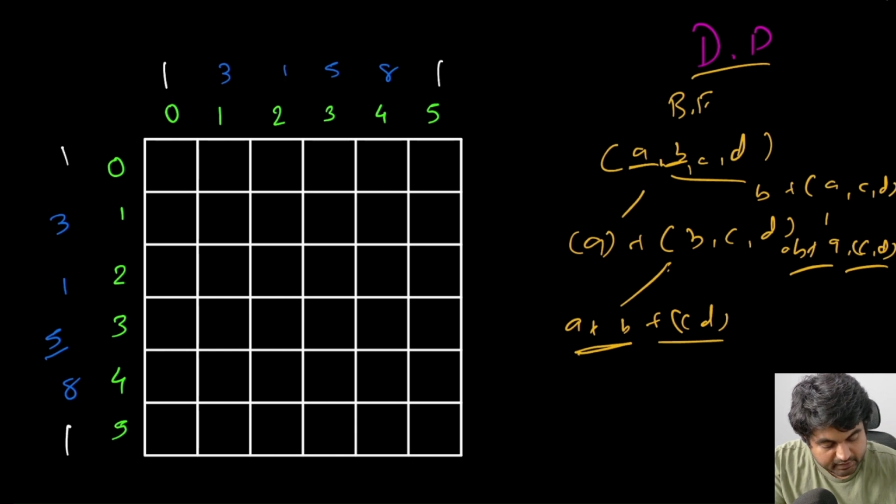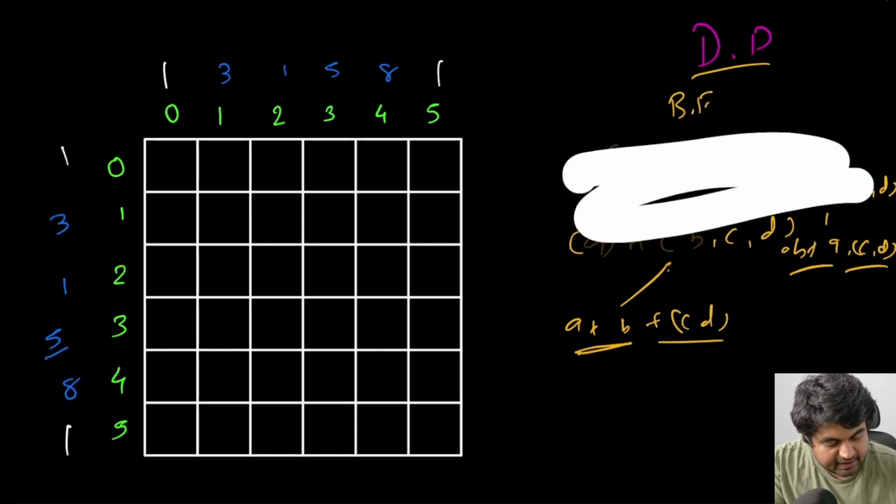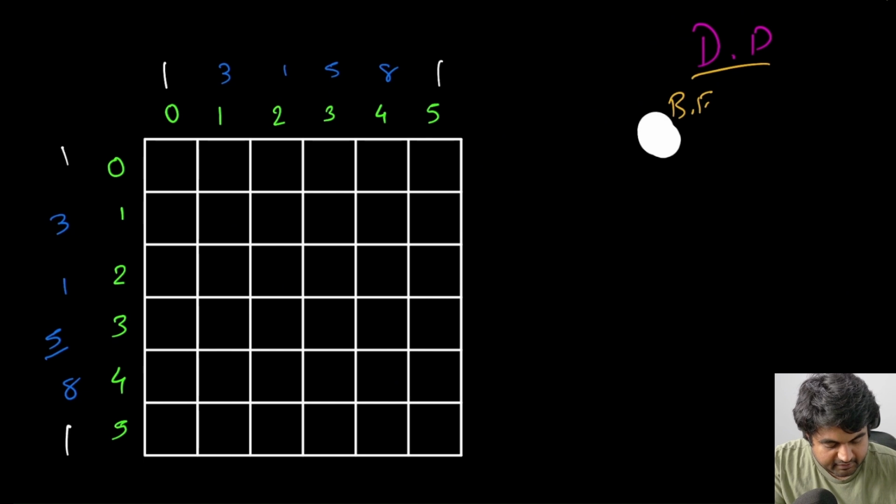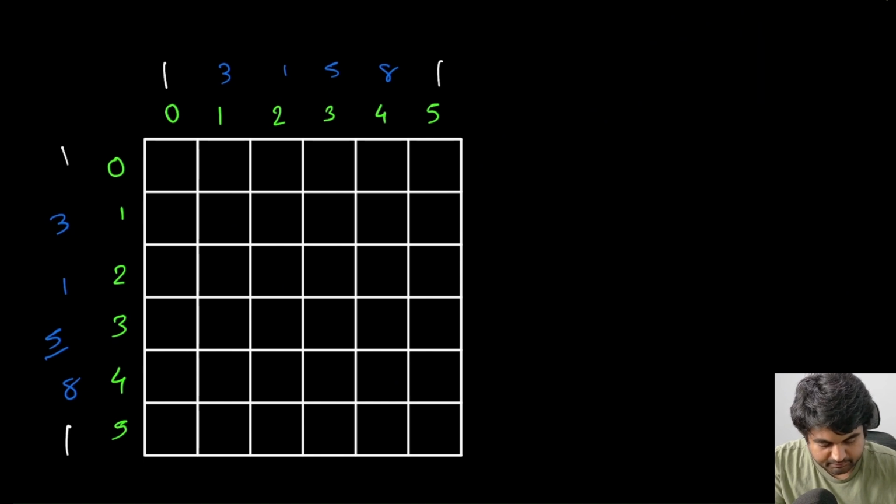So we need to keep track that at every given moment, whatever balloon we burst, depending on whatever the range, what is the value we are generating. Now the important phrase over here is going to be range, that we need to know that between every single combination of values, what maximum coins we are able to generate.